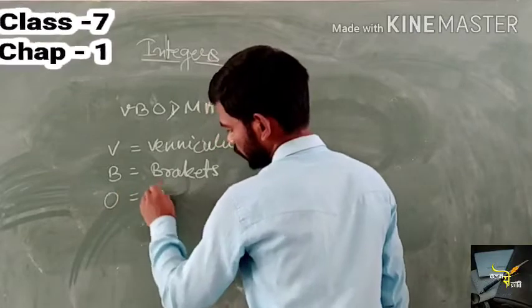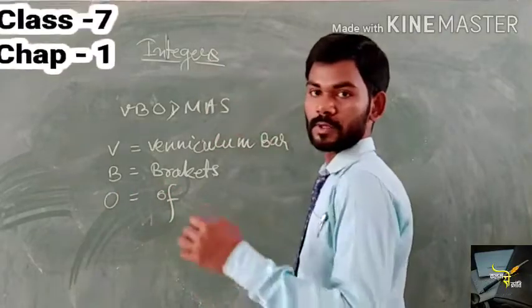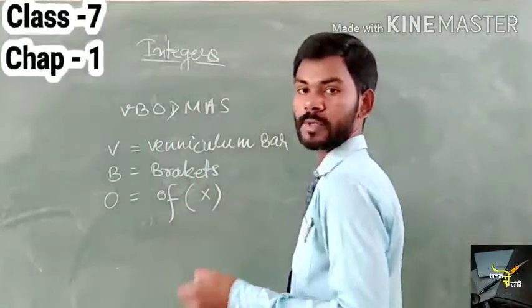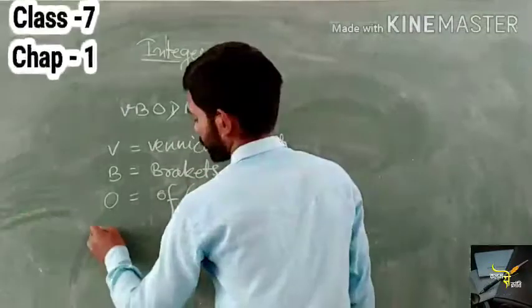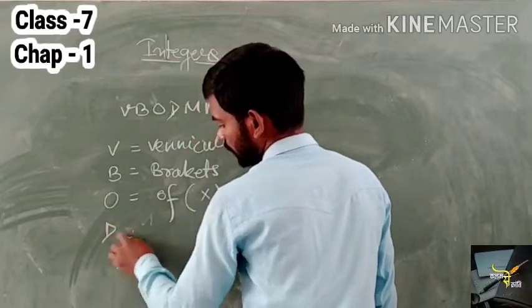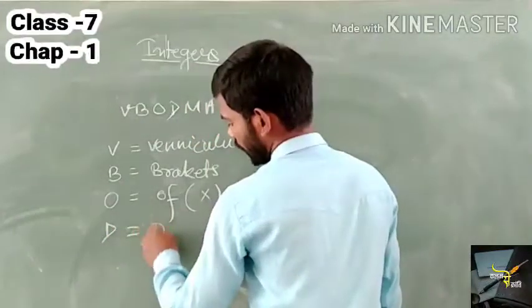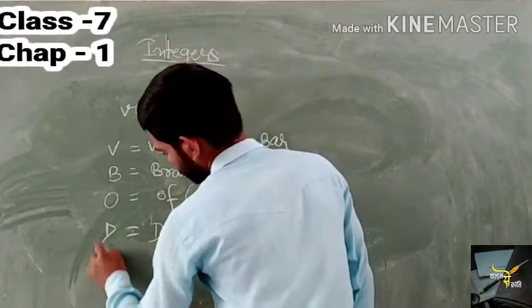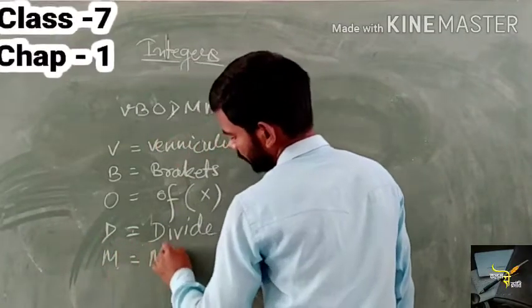O stands for of. You know, of means multiply. The next is D, and D stands for divide. M stands for multiply.